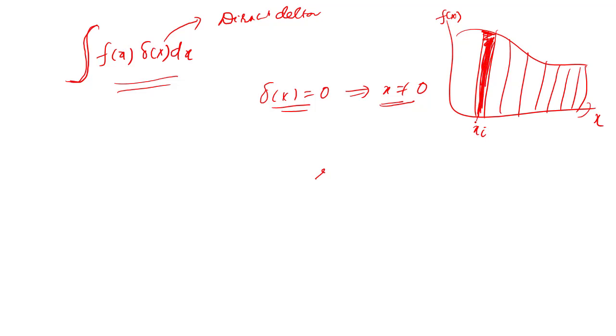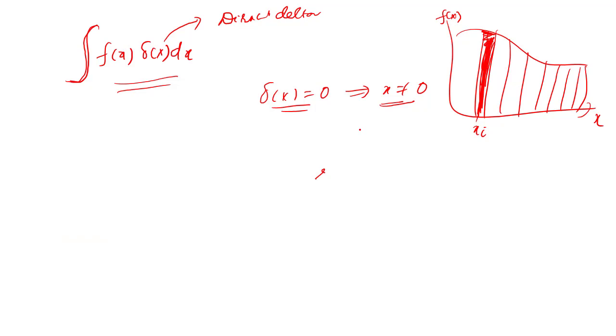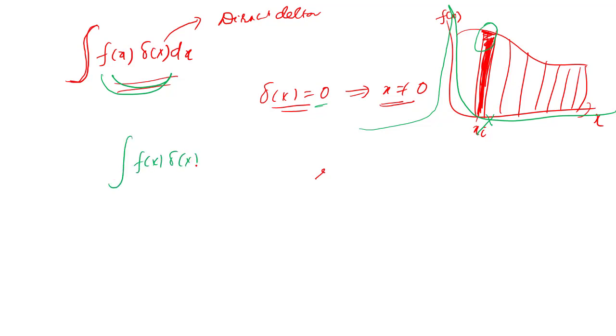That's what I'm doing while integrating. Now, if I do a product of f of x delta x, notice that delta x is zero everywhere else. So even if f of x has a positive value here, because delta x is zero, this entire product would be zero everywhere except at x equal to zero. So when we integrate f of x delta x dx, we get f of zero.